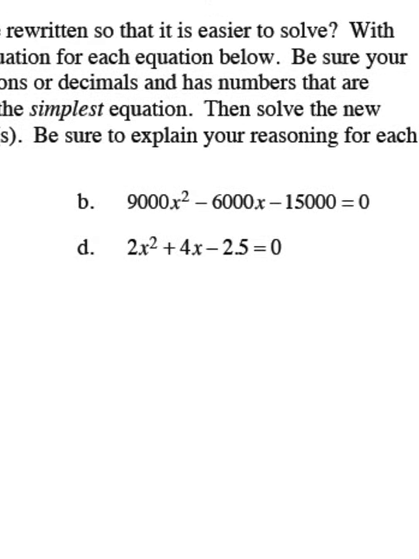2 more examples. In problem B, all of these have a bunch of zeros. Those zeros are unnecessary. We could divide every part of this equation by the 3 zeros, so by 1,000.